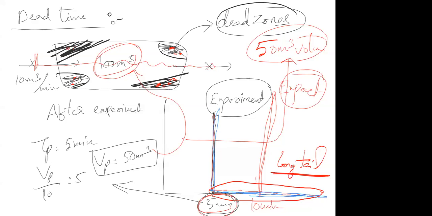That long bleed kind of thing or tail kind of thing is an indication that you have a dead volume, particles stuck there, and they are slowly coming out of the reactor. It is kind of not overlapping with the x-axis. It can't overlap now. Little above this, something like that.